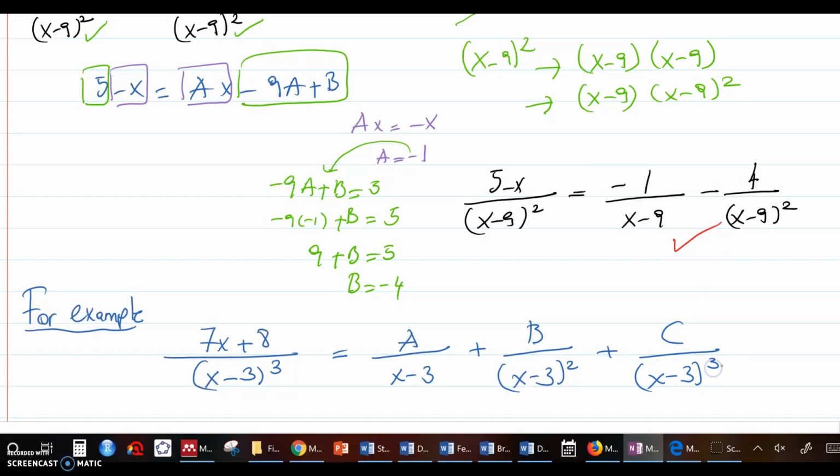All right, so this is a possibility. And then you would work from there, figure out what A, B, and C are. So this will be your starting point.